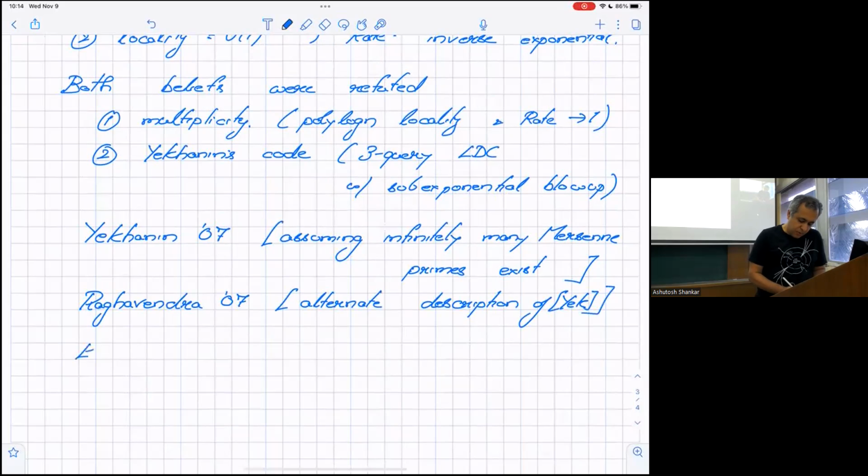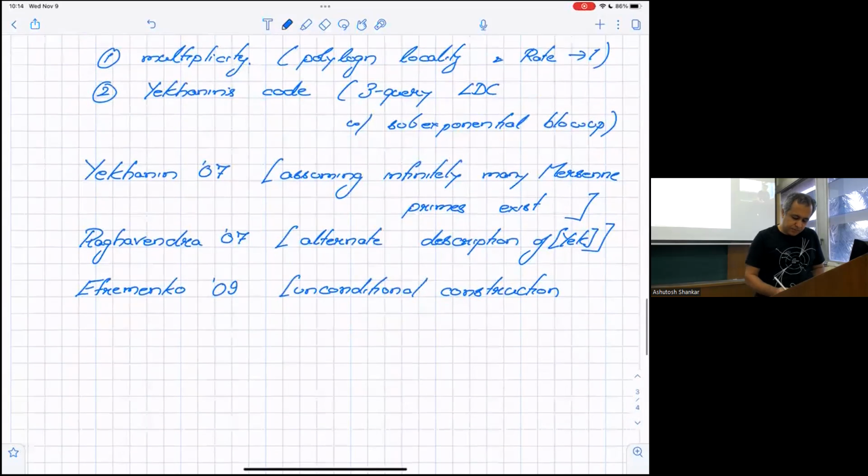But then 2 years later, in 2009, Efremenko gave an unconditional construction using matching vectors.